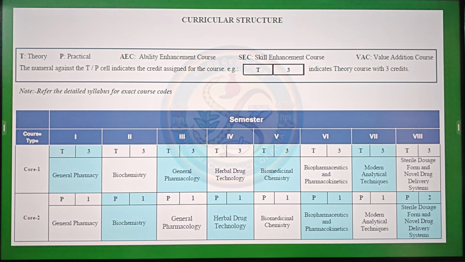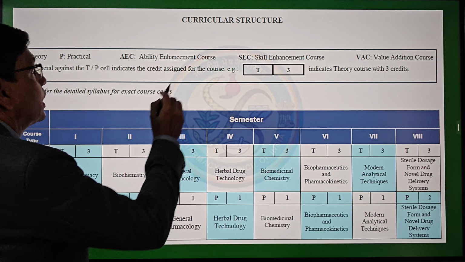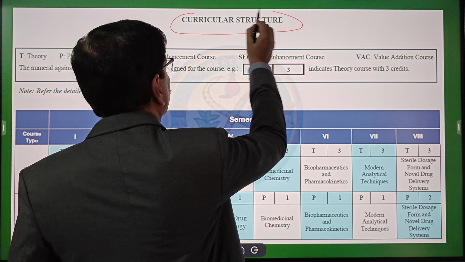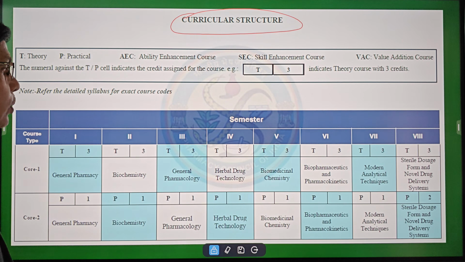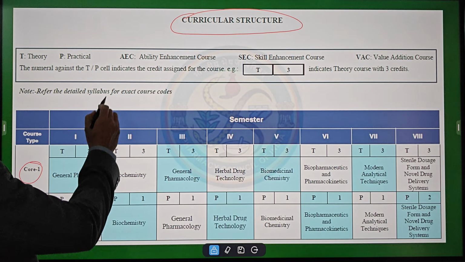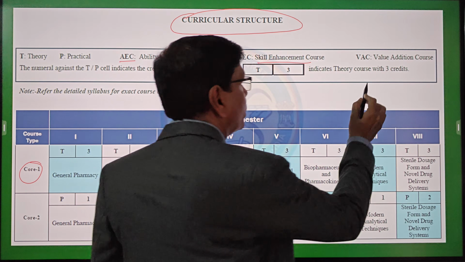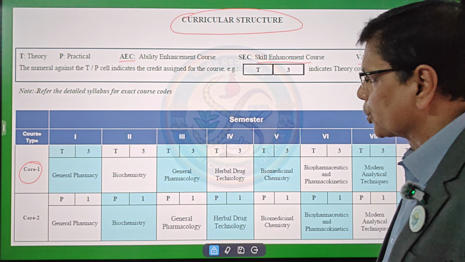The curricular structure. The syllabus mentions curricular structure. Curricular structure includes core subjects or core courses, AEC (Ability Enhancement Course), Skill Enhancement Course and Value Added Courses.